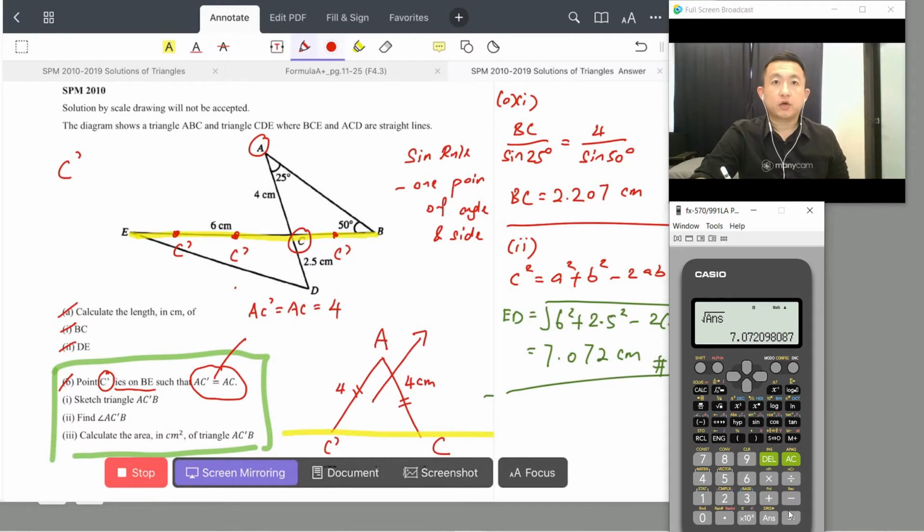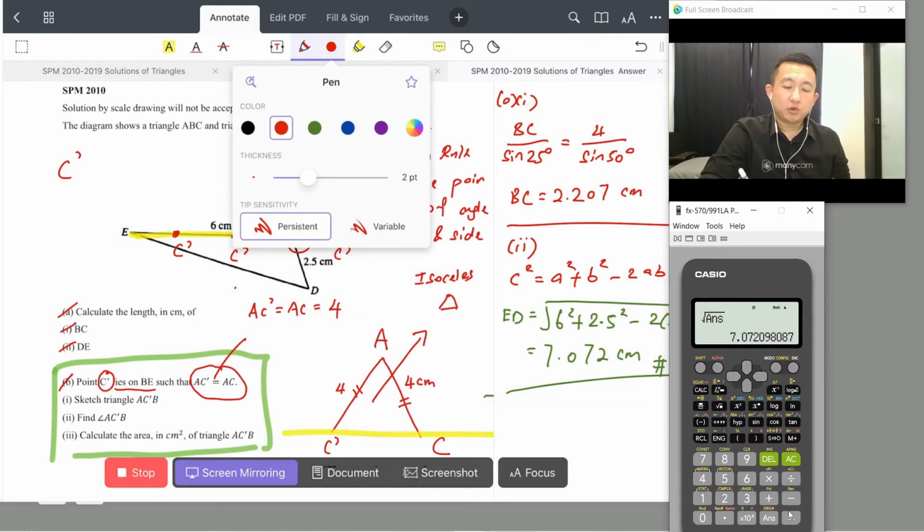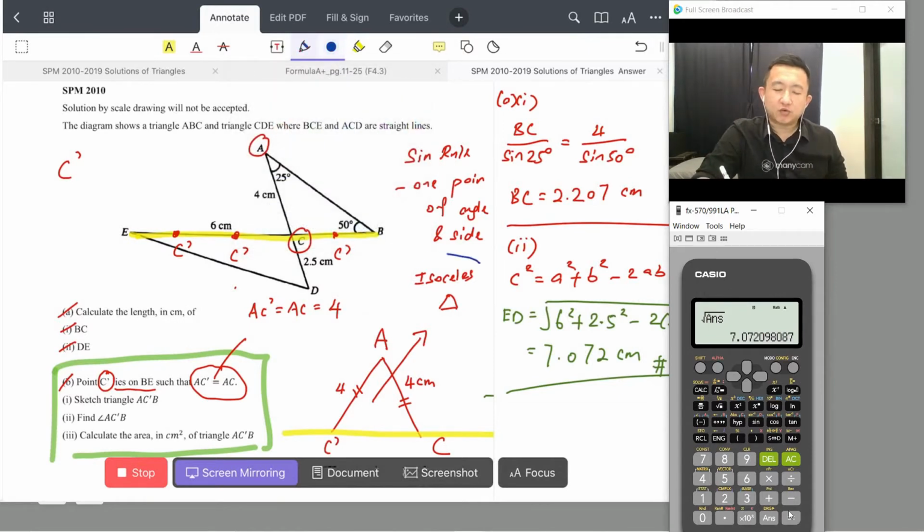What do you call this? Isosceles triangle. Am I right? This is an isosceles triangle. The first keyword here is, in most ambiguous cases, you have an isosceles triangle.